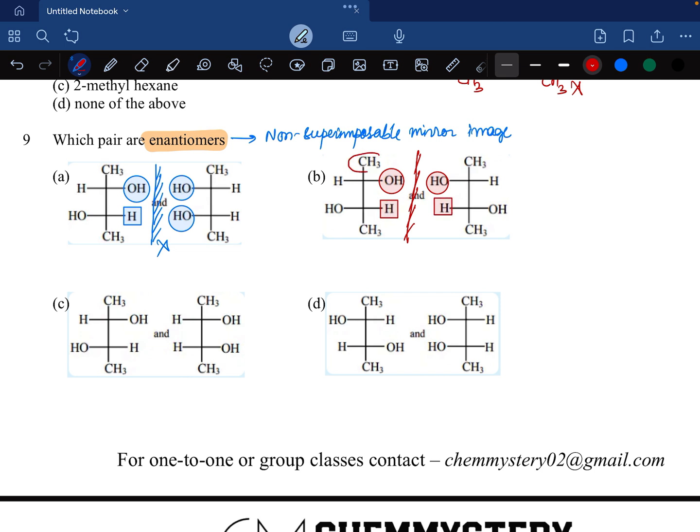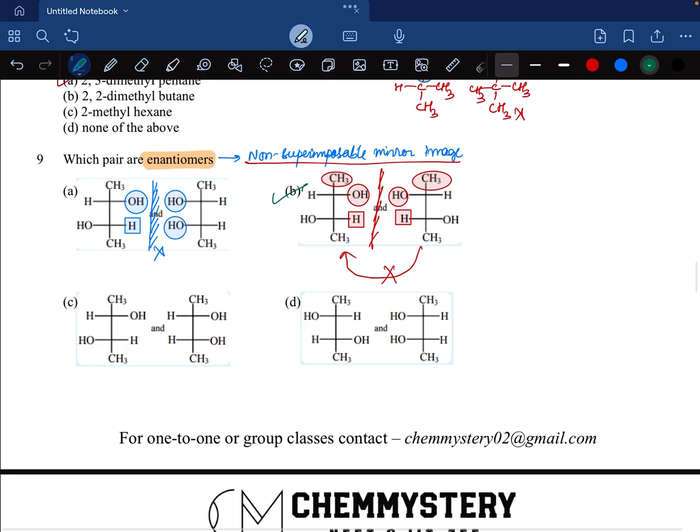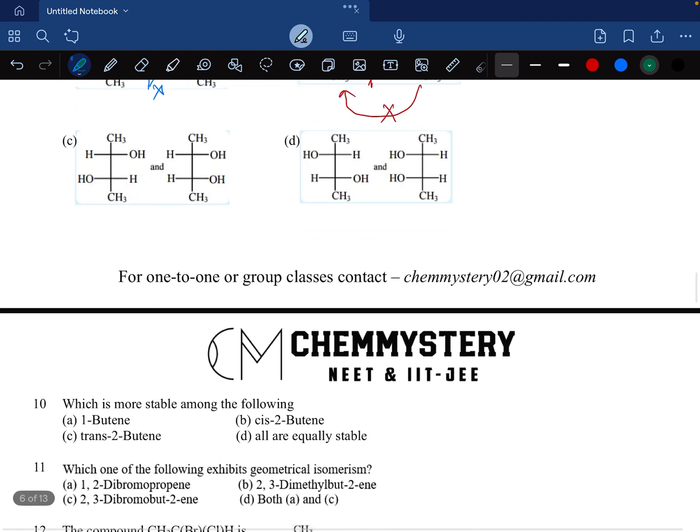Similarly, CH3 is present here, on the other side also CH3 is present. Similarly, if you check each of the thing, it is exactly a mirror image of one another. If I put this over the mirror image, it is non-superimposable. So we need a non-superimposable mirror image. So my answer for this will be B, enantiomer. B is forming enantiomer, non-superimposable mirror image.